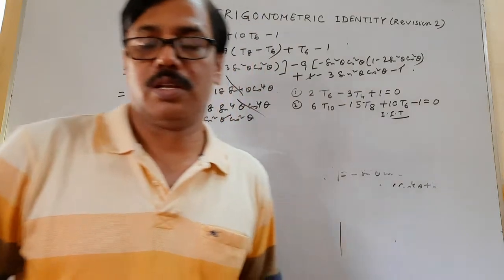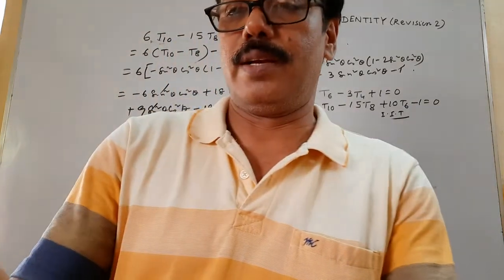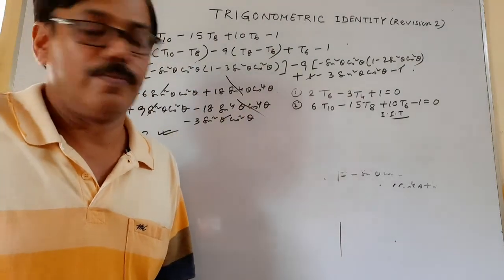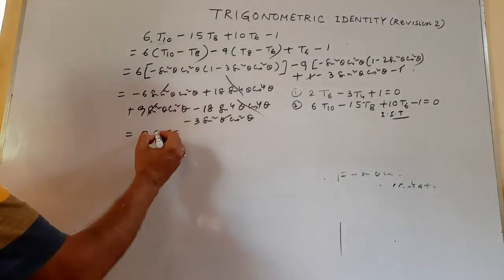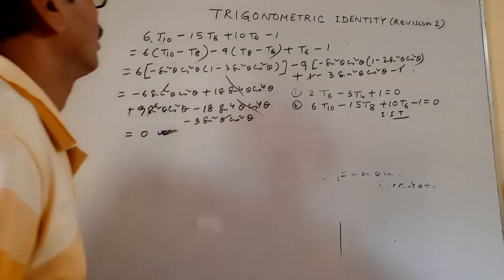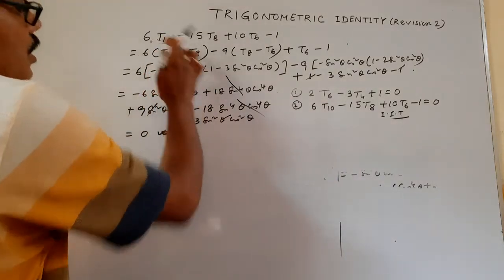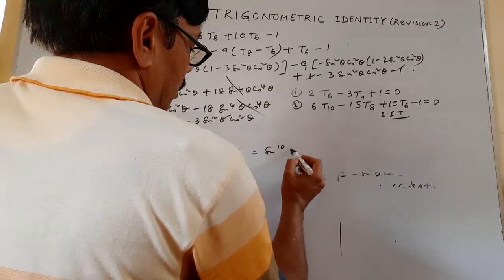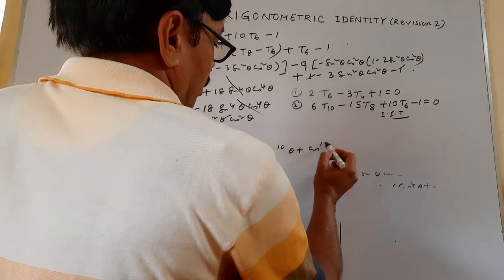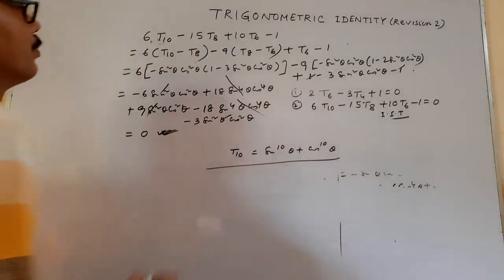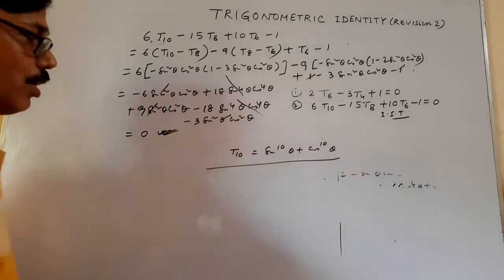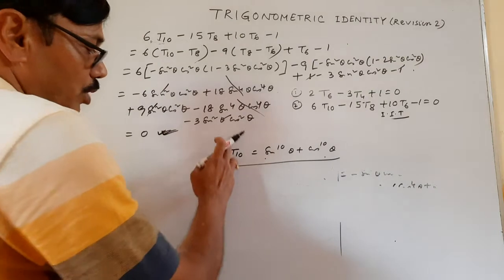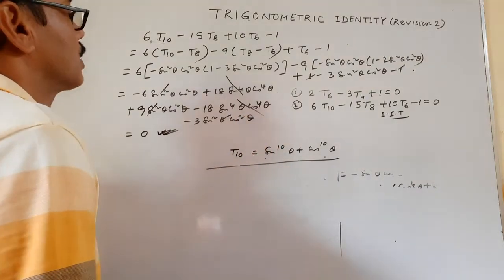Look at it again. So the final answer is 0. Now look, this is T10. T10 means sine to the power 10 plus cos to the power 10 theta. You cannot calculate this directly. We are able to calculate only up to power 6.